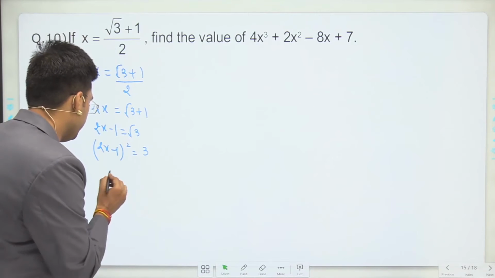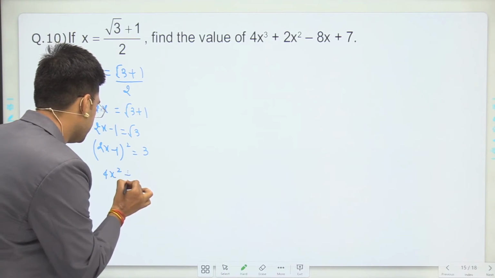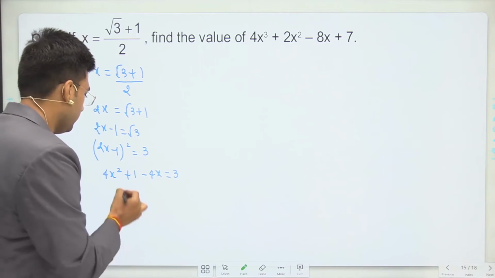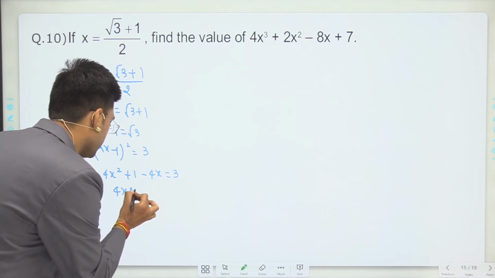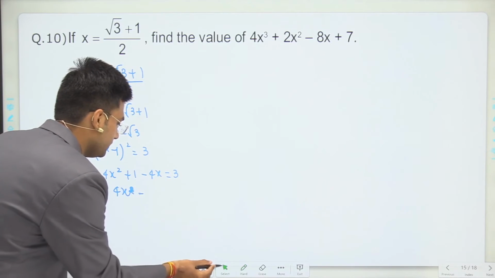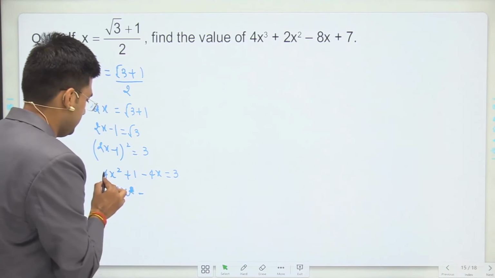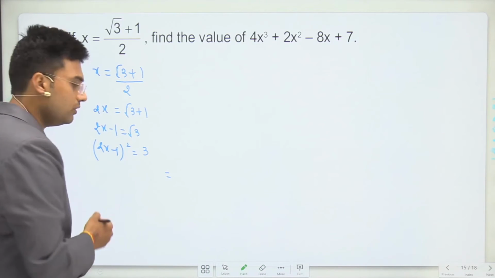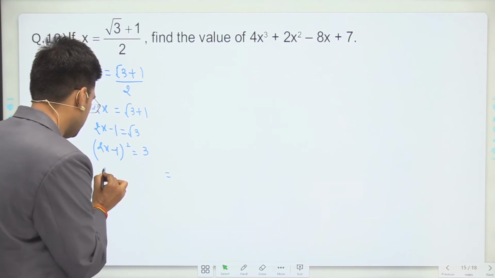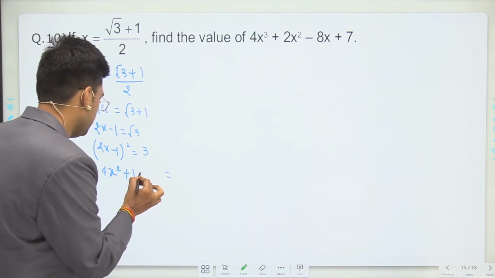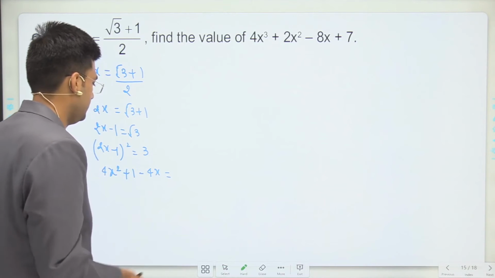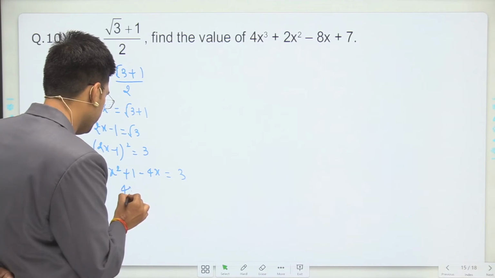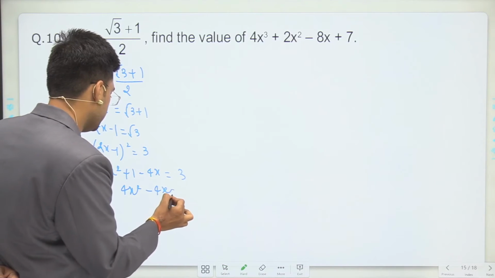Now when we solve this, we will get 4x square plus 1 minus 4x equal to 3, or 4x square minus 4x equal to 2.